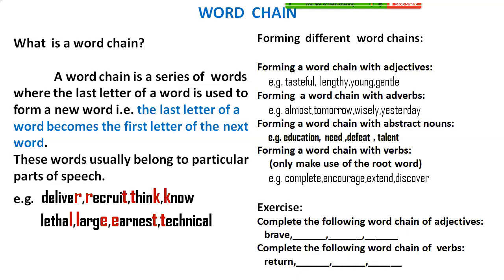Extend ends with the letter D. We use this letter D to form the starting letter of the next verb, that is discover. So we see how to form word chains.